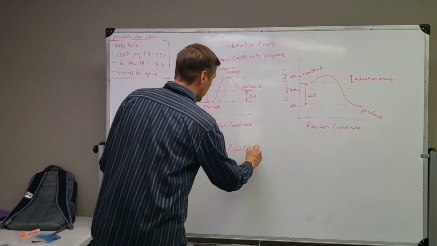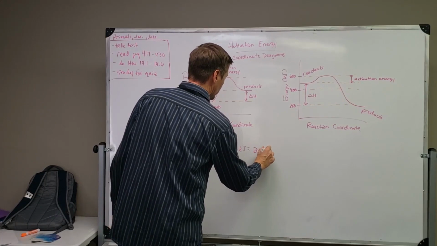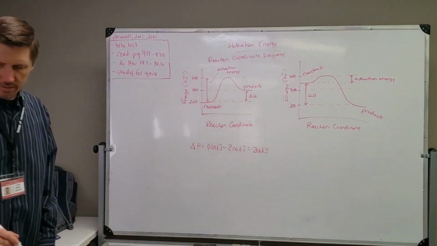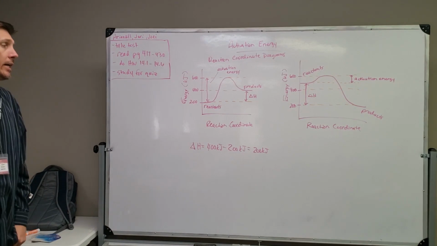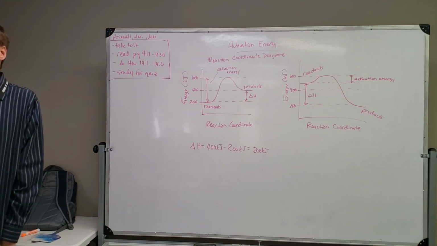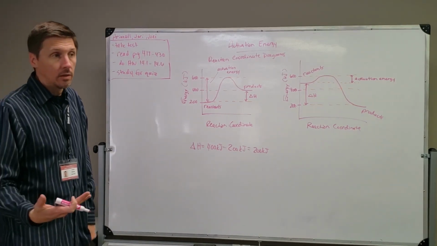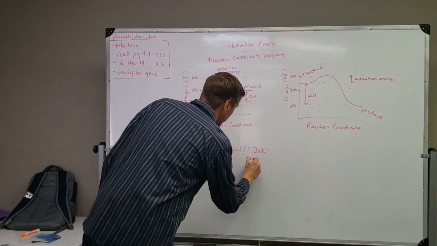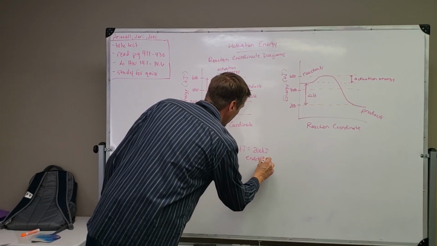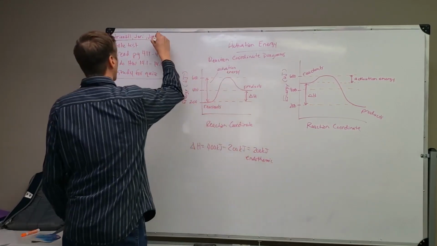So our change in enthalpy is 200 kilojoules. I'm sorry, not activation energy, change in enthalpy. If I said activation energy, please forgive me. So is this an endothermic or an exothermic reaction? Endo, because it doesn't have a negative sign. It's positive, so it's endothermic.